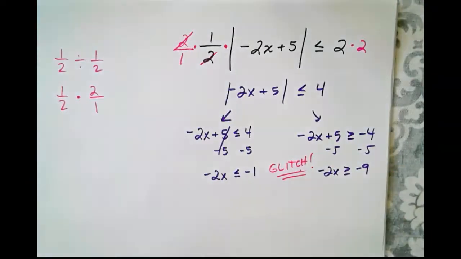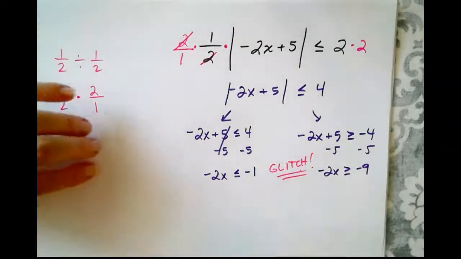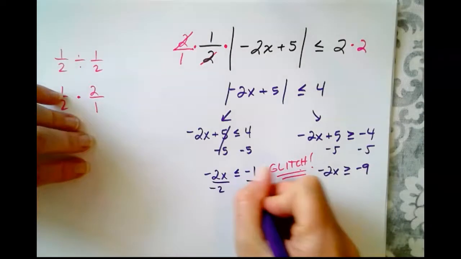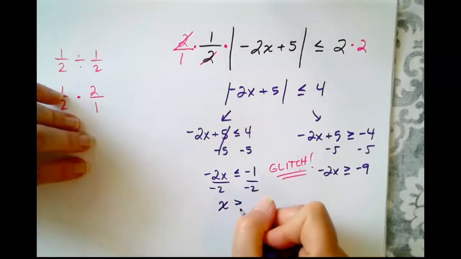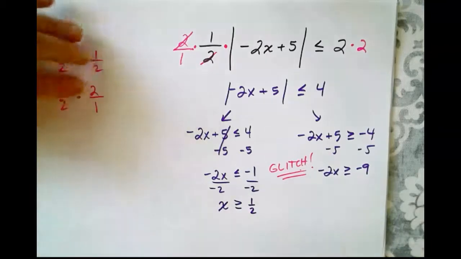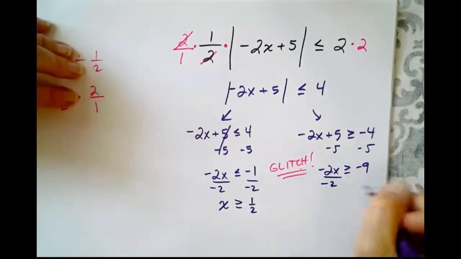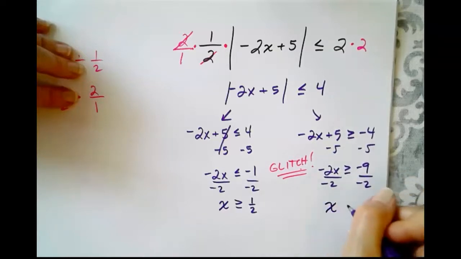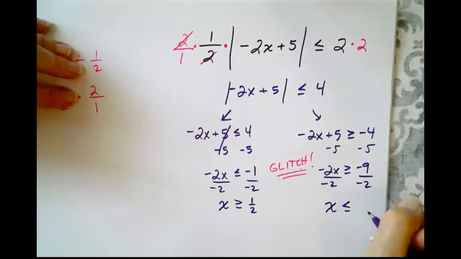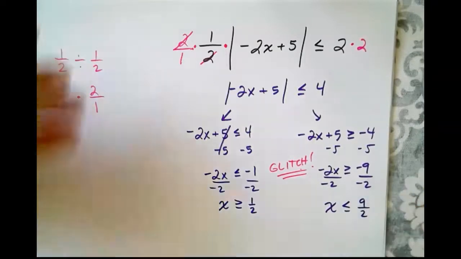That's the glitch. So we're going to divide by negative 2. X is greater than or equal to positive 1/2 on the other side. Divide by negative 2. Divide by negative 2. X is less than or equal to 9/2.